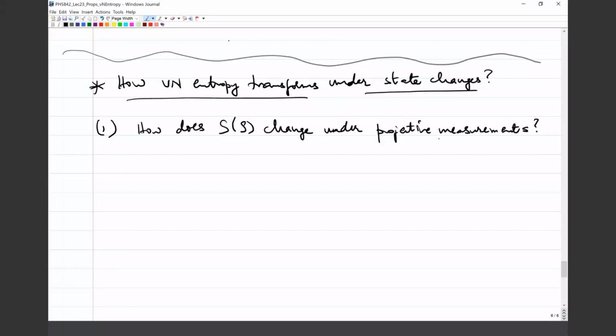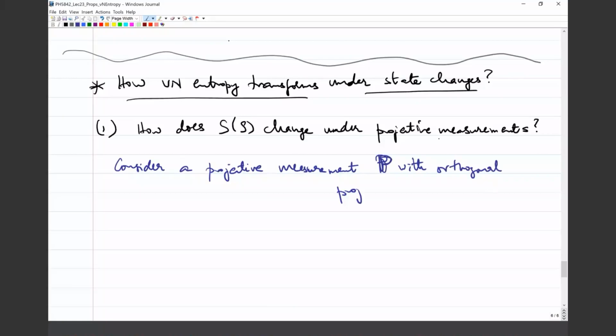So what is a projective measurement? I have my rho, right? So consider a projective measurement, let me call this P, with a set of orthogonal projectors Pi.